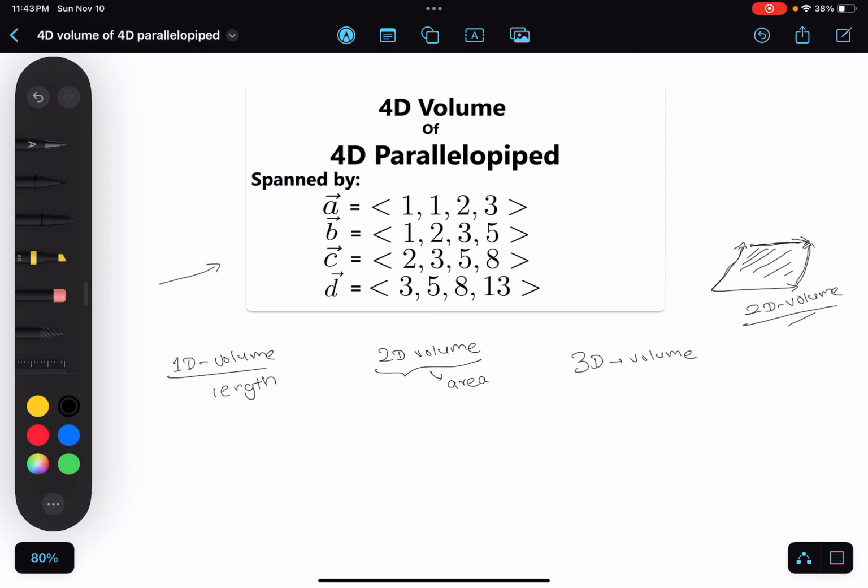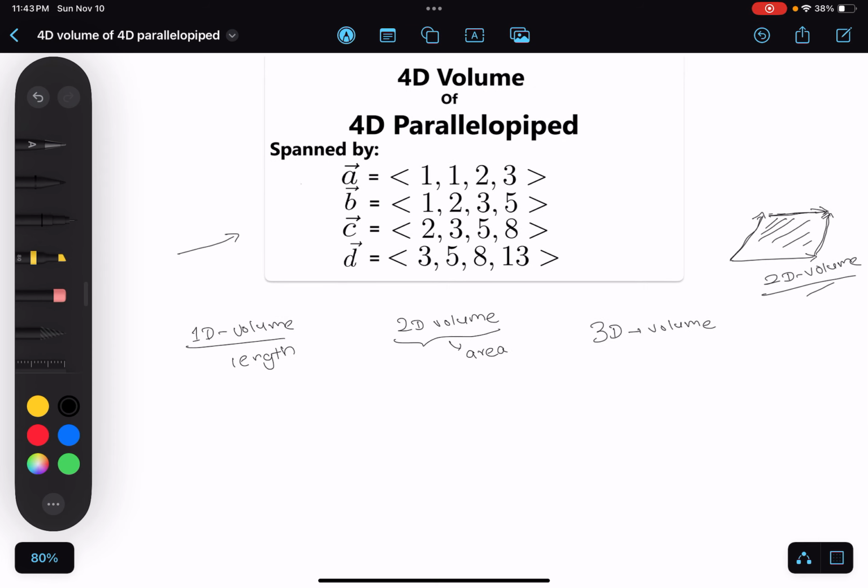Okay, now let's go first with the 1D volume. Now in 1D there can just be one dimension, right? So if I have this vector 2, it just means that I have this vector which is 2 units long in just one dimension, and that's it.